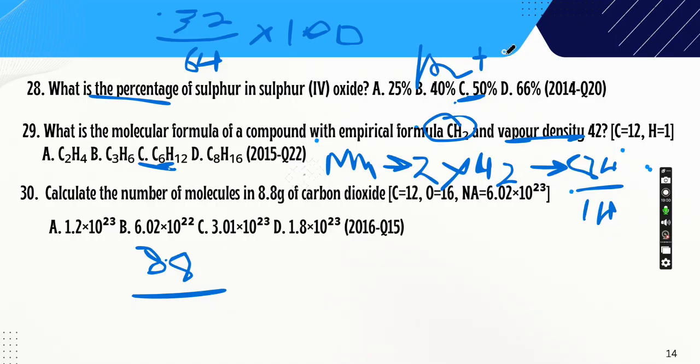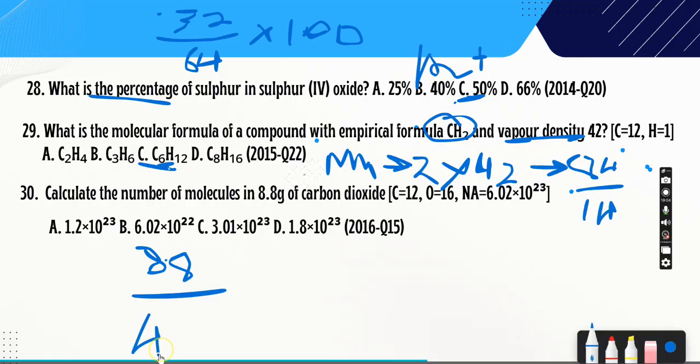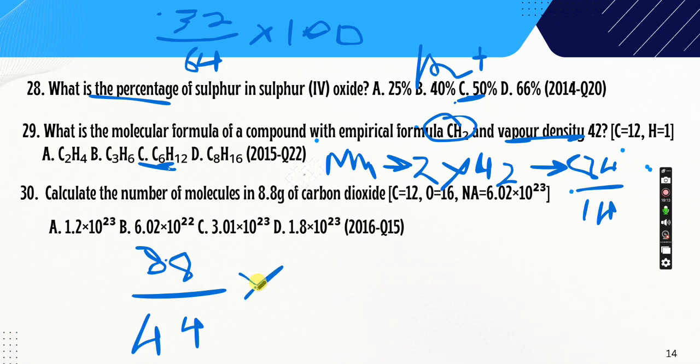That's 44. That's 8.8 over 44, which is going to give us the number of mole. Then we are multiplying this with the Avogadro's number, that is 6.02 times 10 raised to power 23.